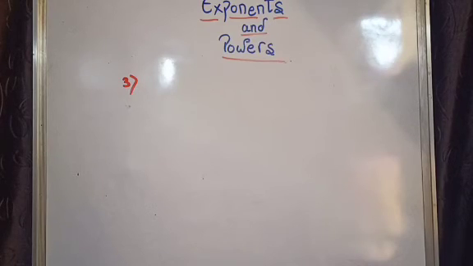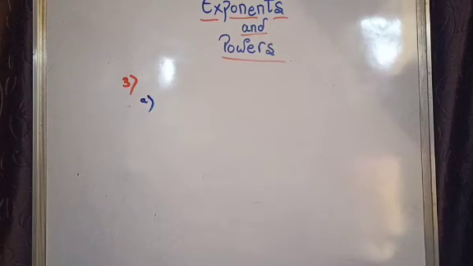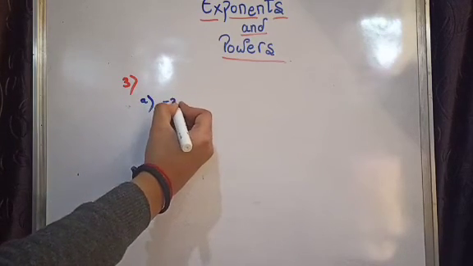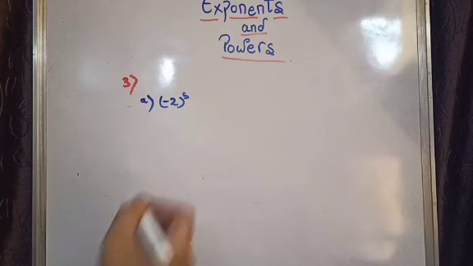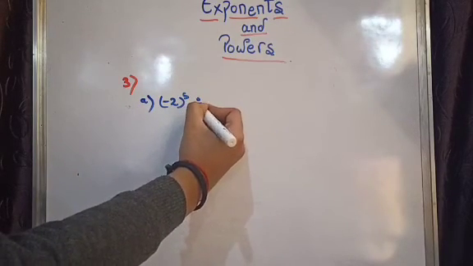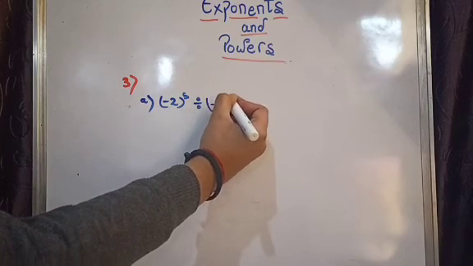So our A1 question is given: minus 2 to the power of 5 divided by minus 2 to the power of minus 2.